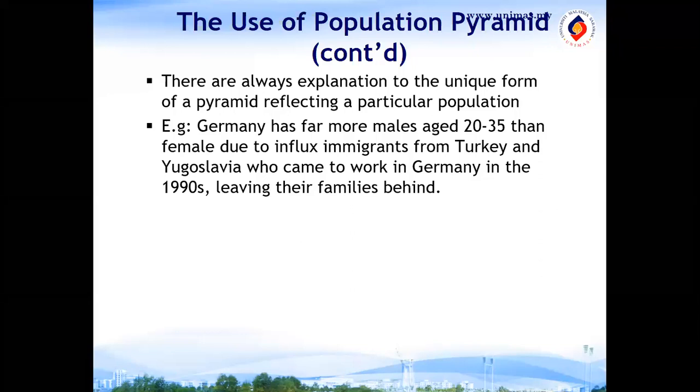So the children they didn't bring, the wife they didn't bring. So they just mostly the men who seek employment in Germany during this time, because they are close to Germany, both of these countries. That explain the bulging ataupun peningkatan kaum lelaki yang begitu ramai dibanding perempuan.